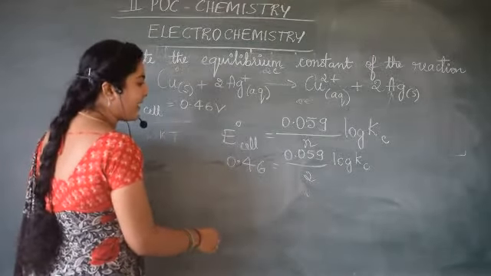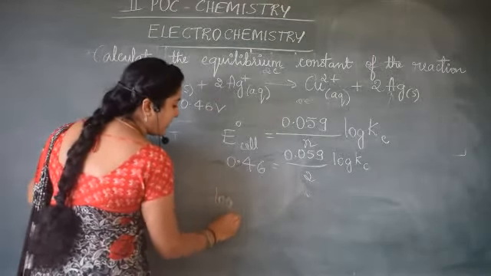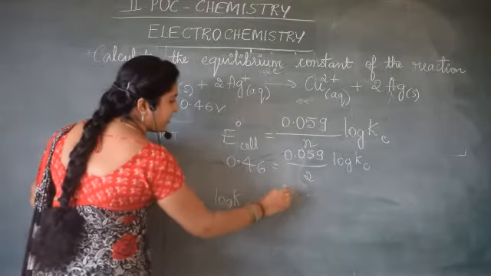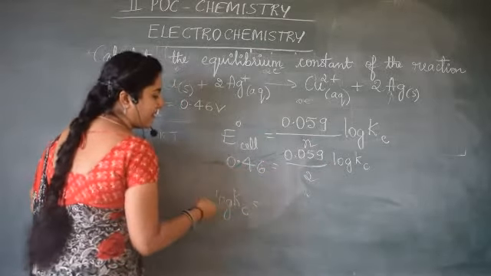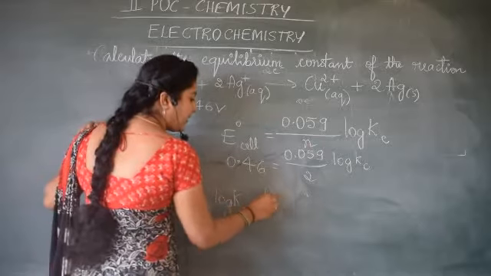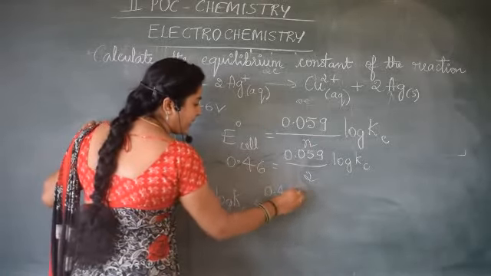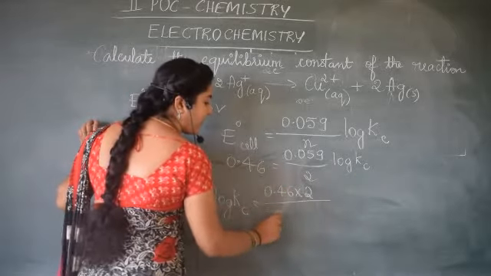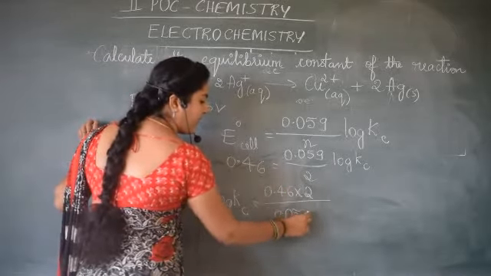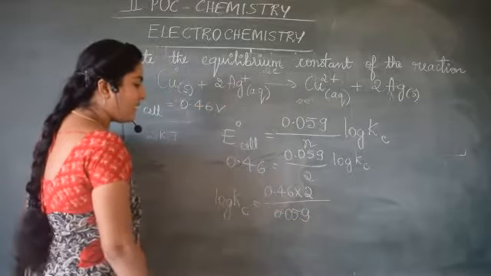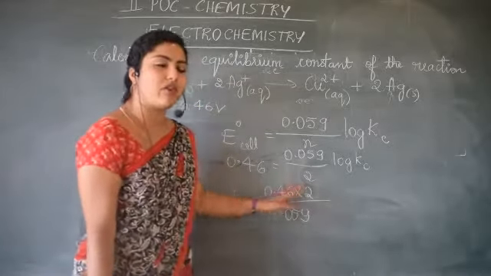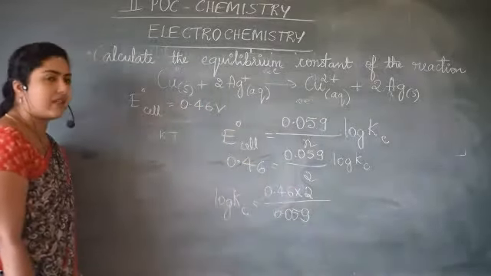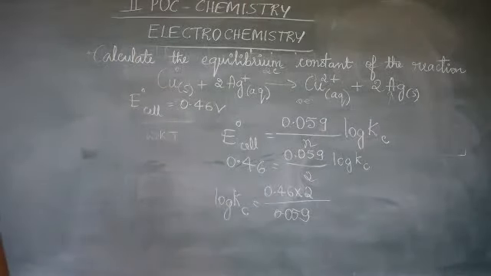Therefore we will write log Kc is equal to, shifting these to the other hand side, 0.46 into 2, here division becomes multiplication, whole divided by 0.059. You will get a value of 15.6.